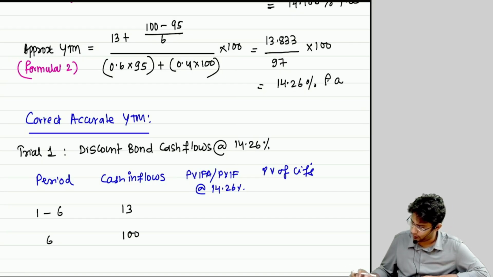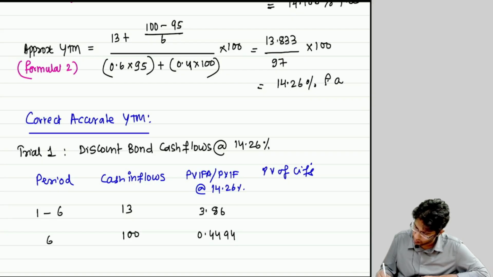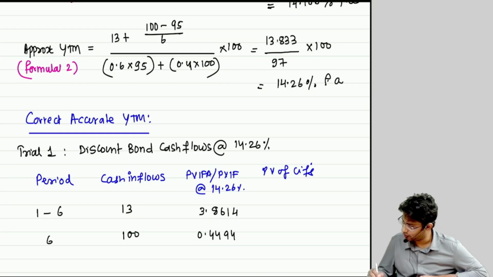1 divided by 1.1426, for 1, 2, 3, 4, 5, 6 years. 0.4494, 0.8611, sorry.